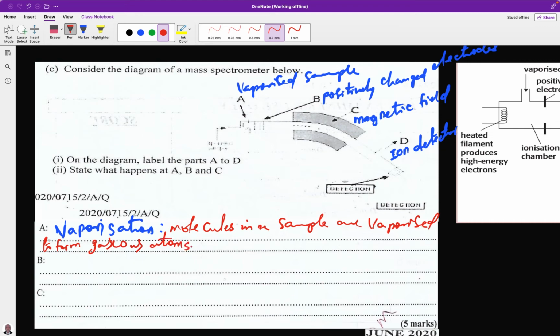You know that for ionization energy, you need to atomize, and you can only atomize it to a gaseous state. So molecules in a sample are vaporized to form gaseous atoms.